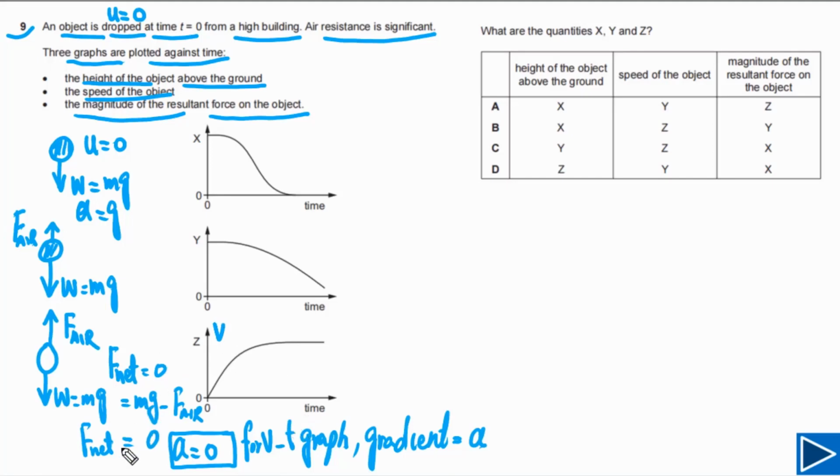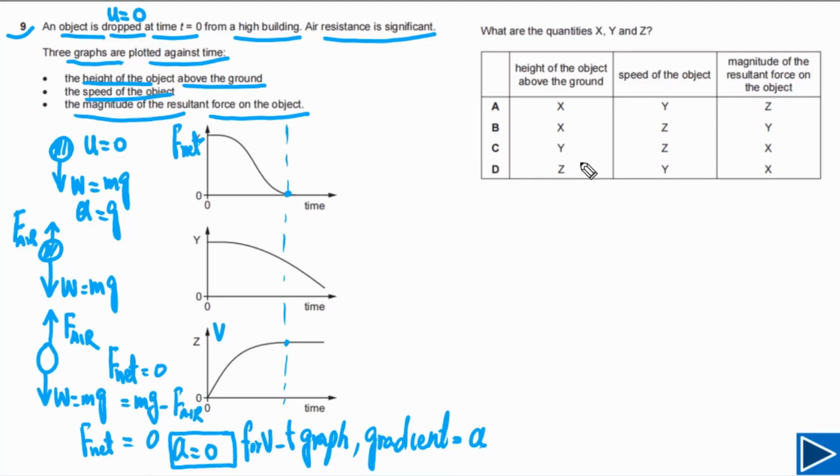Now we also need to understand, when object has reached terminal velocity, F net has to be 0. So at this point you can see its gradient is 0, means it has reached terminal velocity. So if I draw this dotted line, you can see at this point F net has to be 0. So in this graph you can see F net is equal to 0. So it means this graph is for resultant force against time.